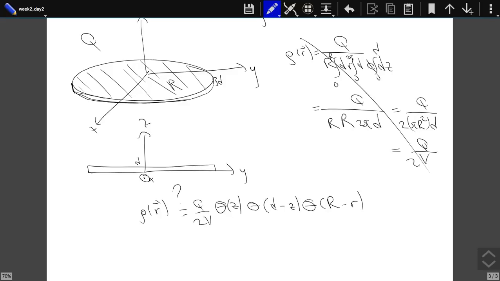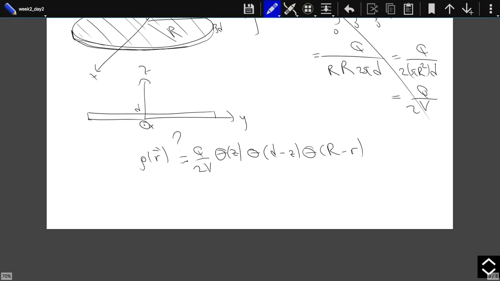So let's forget this one for the time being. Let's not just add dr, d phi, and dz as we please. We know that rho of r, as your friend has pointed out, has to be proportional to these things.